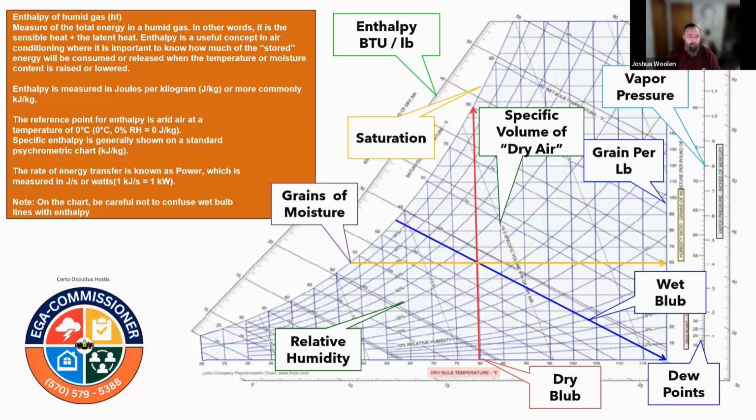I'm sorry, the grains per pound will move on you, and there's quite a bit of a difference. So you have to pay attention to that if you're trying to count grains per pound at an elevation. You want to make sure that you're using the right psychometric chart if you're using paper and stuff like that. But everything else remains the same, doesn't change. So just something to think about during your time.